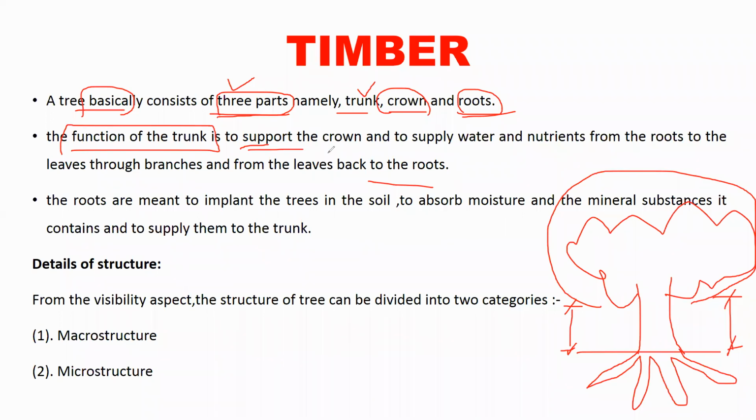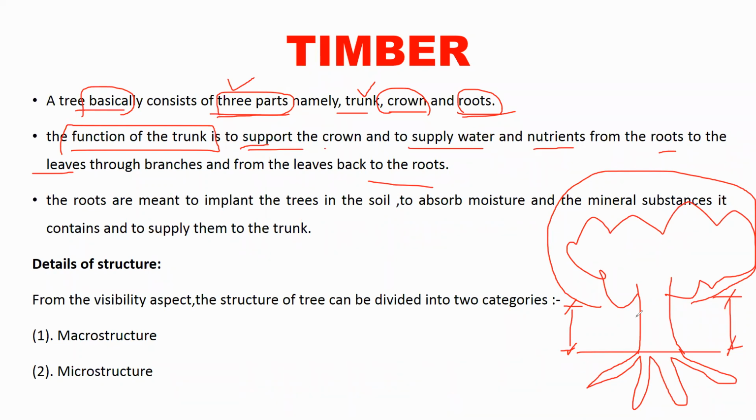Not only to support the crown, but also to supply water and nutrients from the roots to the leaves. What will this trunk do? The first function is to support the crown. One more function is that it takes the water and nutrients from the roots and supplies them to the leaves through branches and sub branches.